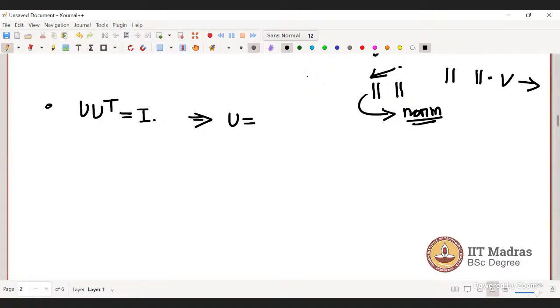So the thing is, there I have mentioned that a linear transformation T is a projection.